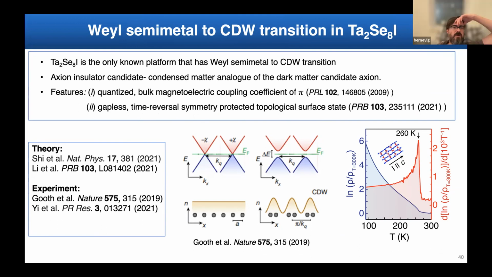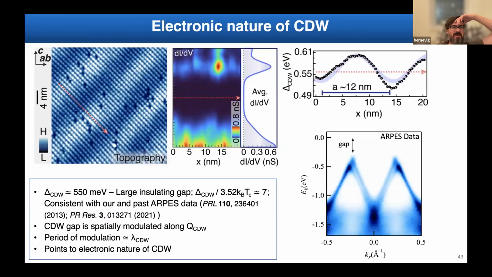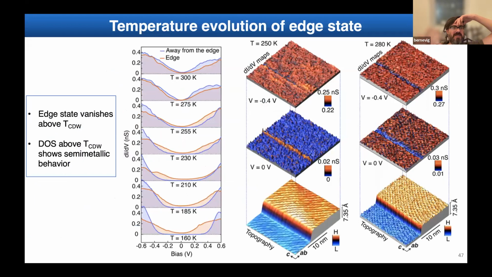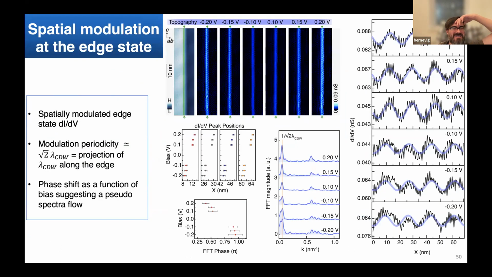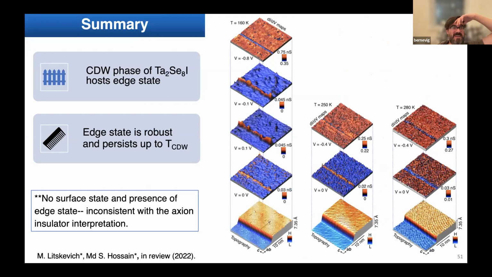I mean, what you wrote there in the last slide is what I'm a little bit confused about. The axion insulator is just a Z2 invariant. It's got gapped surface states and a hinge state. That's the definition of an axion insulator. So no surface state in the presence of an edge state is actually what you'd expect from an axion insulator, not from a time reversal invariant one.